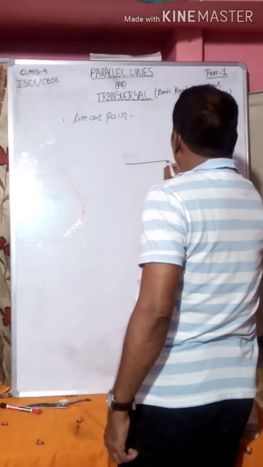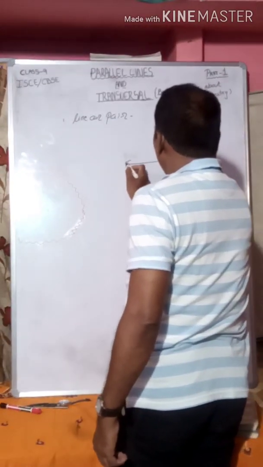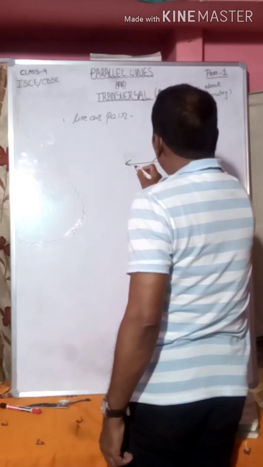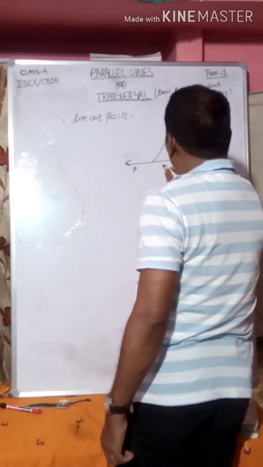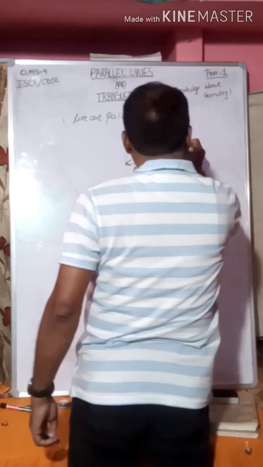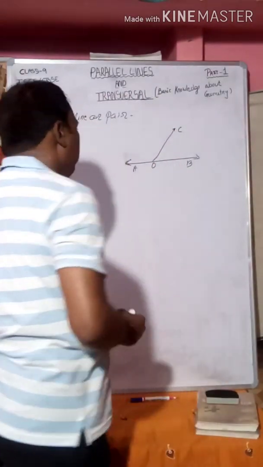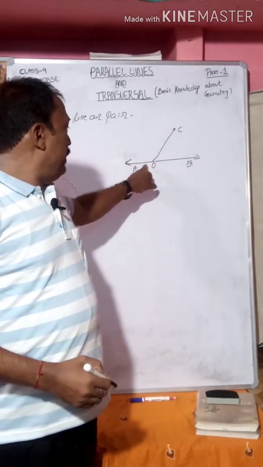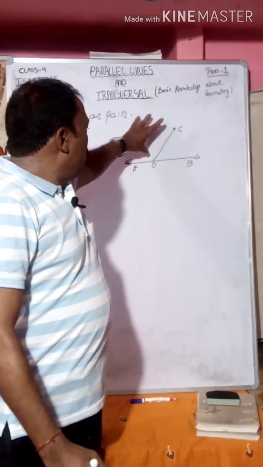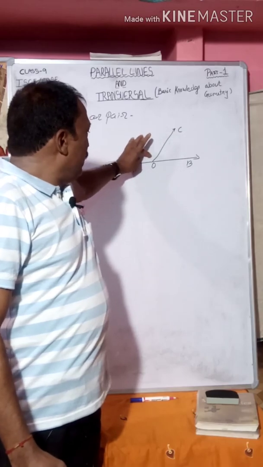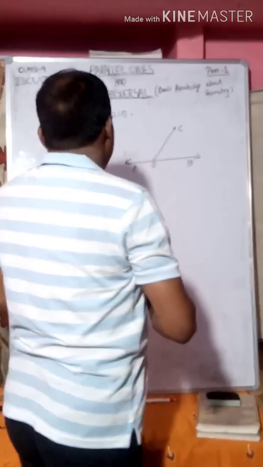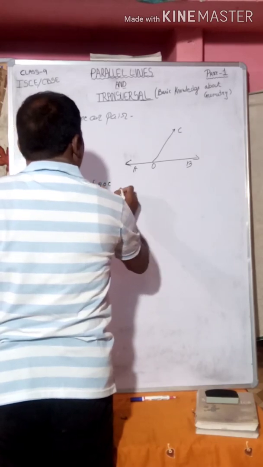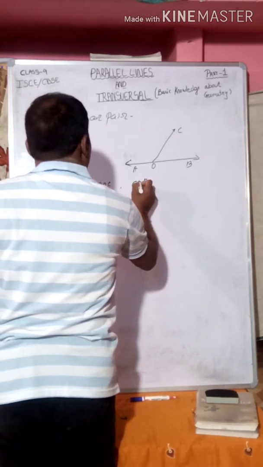A line and a ray. Suppose this line is AB, OC is the ray, O is a point on line AB. So here there are two angles, AOC and COB.